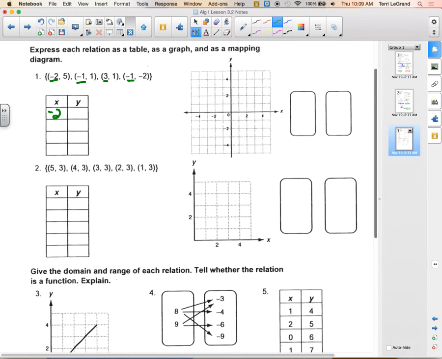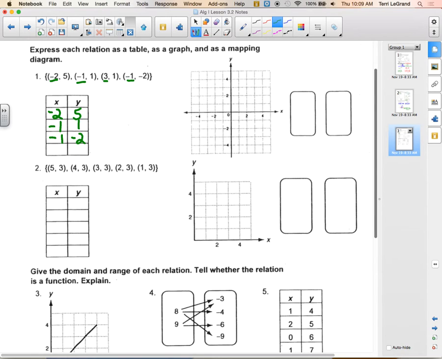-2. -2 is smaller than -1. Well, the ordered pair that has to stay with 5. What's next? -1. And we have 2 -1s, so we'll put -1 twice. One time when x is -1, y is +1, and the other time y is -2.